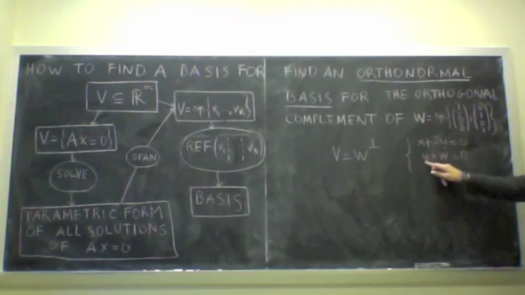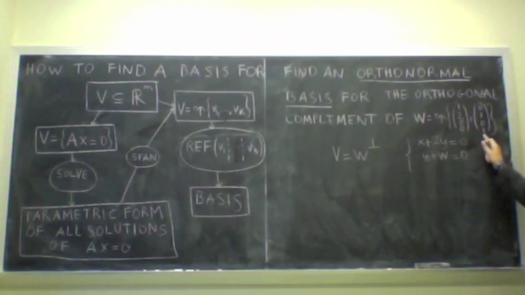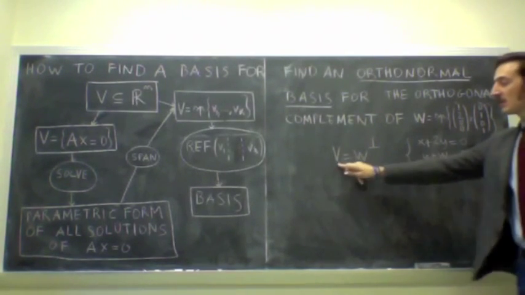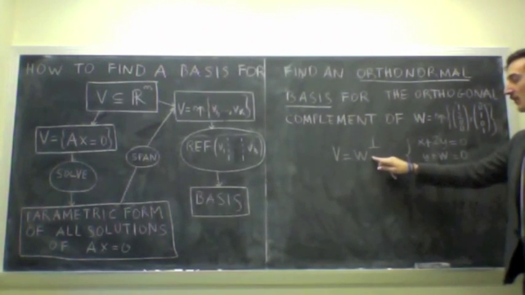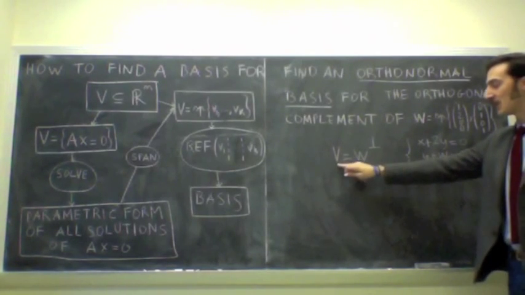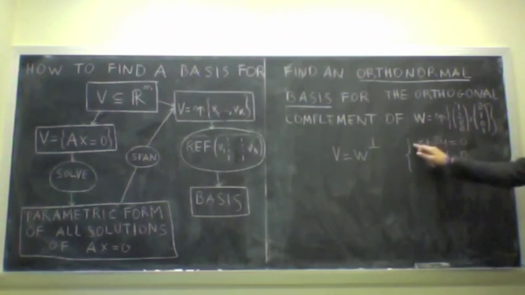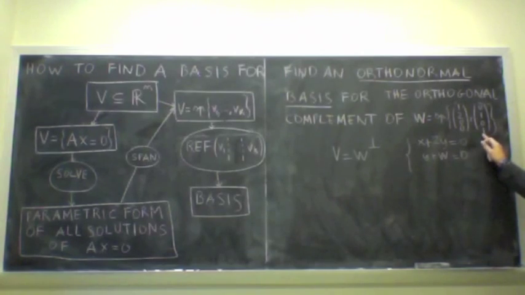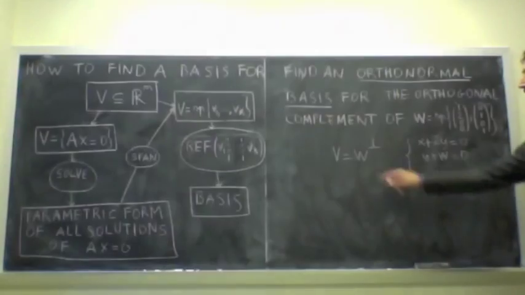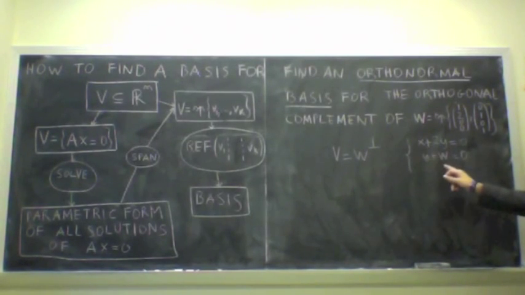The second equation requires the orthogonality with respect to the second vector. So V is the orthogonal complement to W. It means that every vector in V has to be orthogonal to this vector and to this vector. So every vector in V has to solve the equation to be orthogonal to this, which is the first one, and the equation to be orthogonal to this, which is the second one. Now we have V written as the set of the solutions of a linear system.